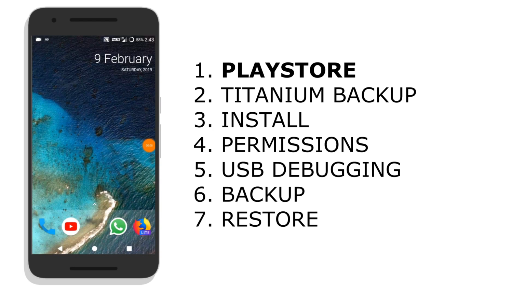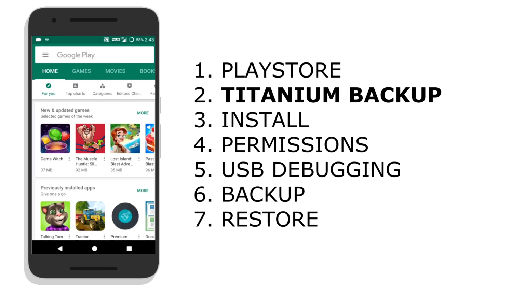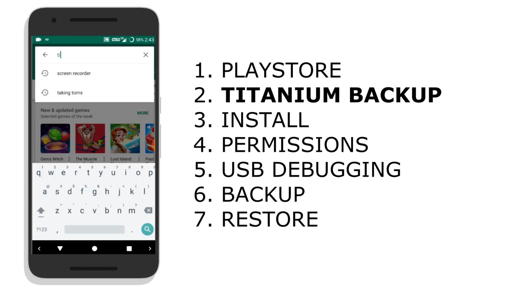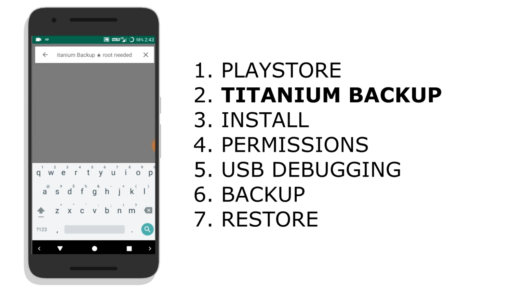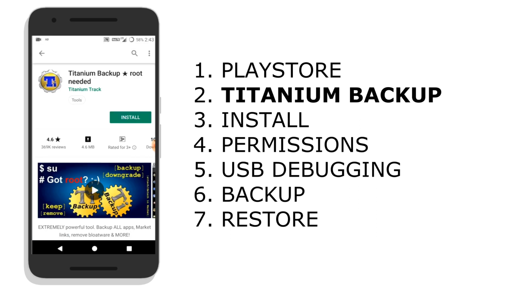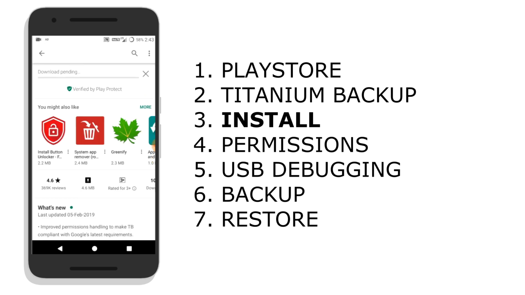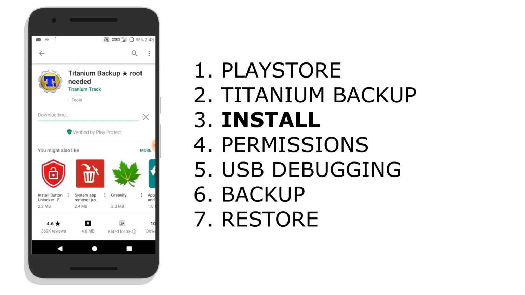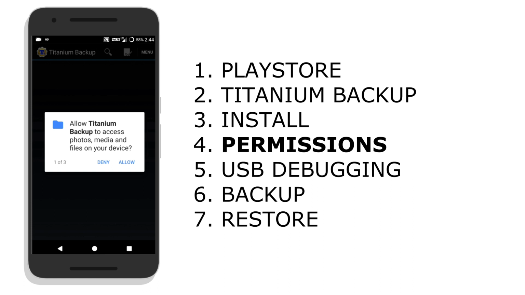The third method is for the root user. Go to Google Play Store and search Titanium Backup on the search bar. Click on the first result and install it. Once installed, open it.